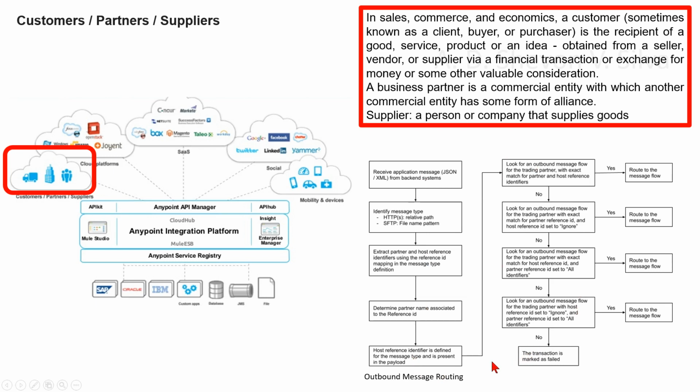Anypoint Partner Manager outbound message routing frameworks enable you to implement receiving endpoints in a variety of ways. You can use a single endpoint to receive different types of application messages, such as advance shipment notices and invoices from your backend systems. Use a dedicated endpoint for each message type from the backend systems.